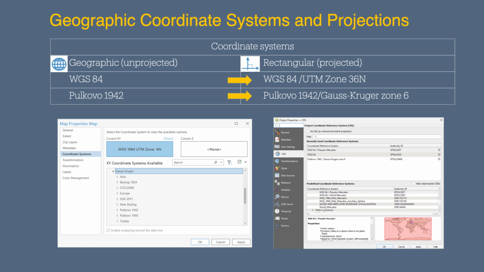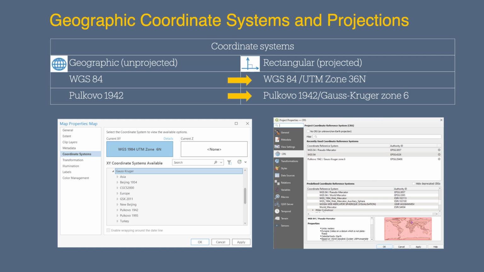The most popular and widely accepted geographic coordinate system today is WGS 84, or World Geodetic System 1984. It's commonly used in GPS and other navigation systems. WGS 84 makes it easy to share geographic information globally.